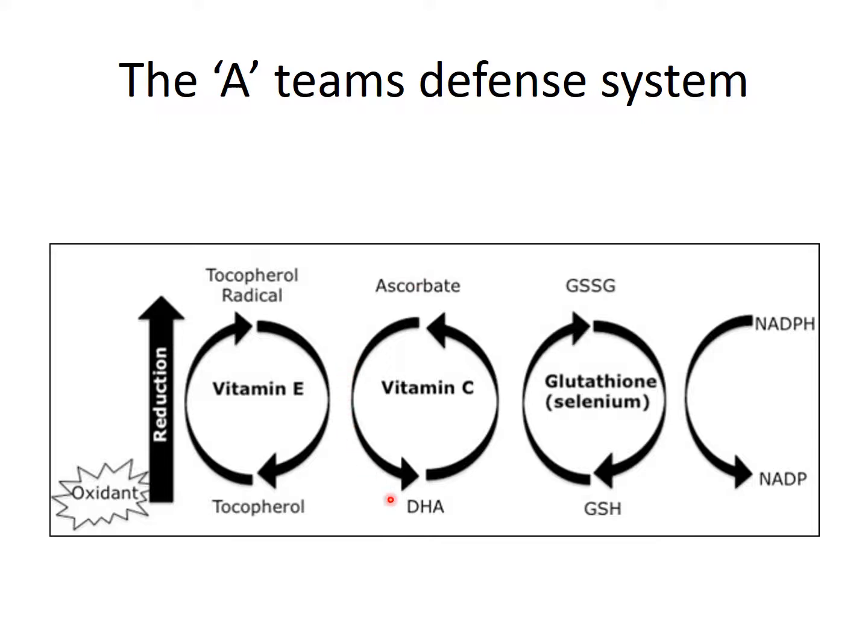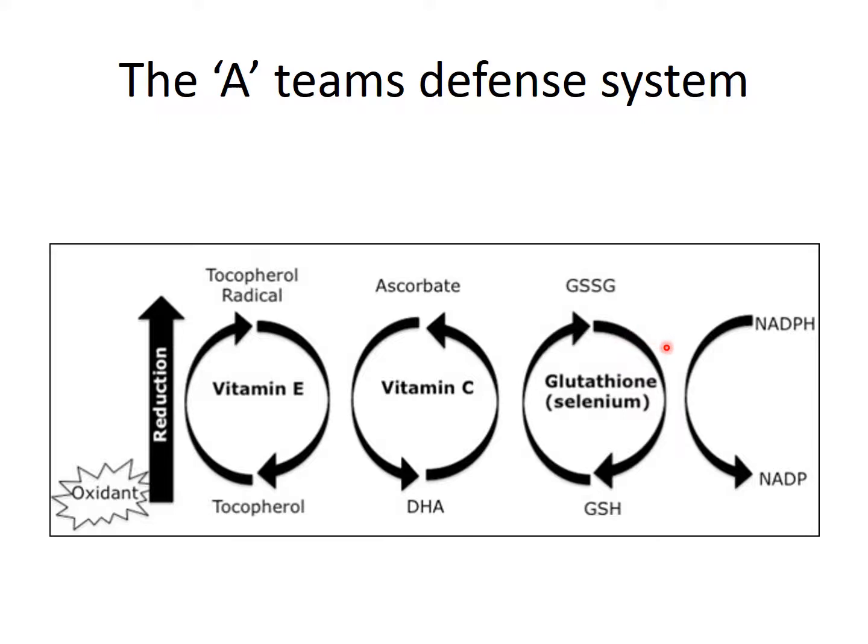Now this ascorbate carrying the free radical gives away the free radical, forming hydrogen peroxide, and this hydrogen peroxide enters this molecule of glutathione reductase, which converts the hydrogen peroxide into 2 water molecules using 2 hydrogens from glutathione. Now in this system, the hydrogen comes from reduced glutathione, becoming oxidized glutathione.